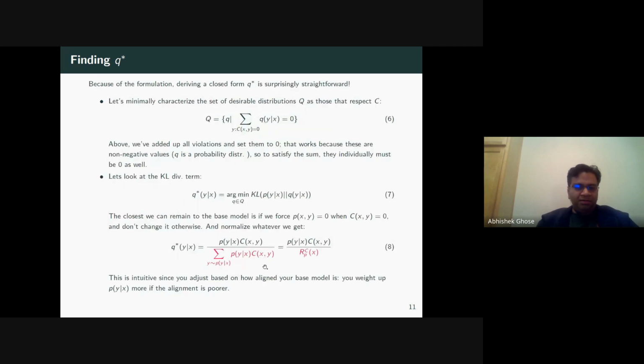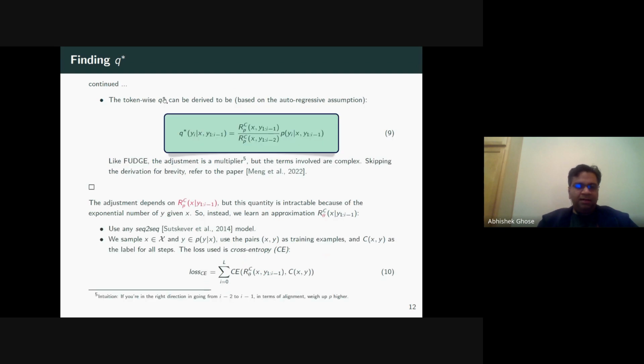And I won't be going into breaking up this Q star from sequence level to token level, but this is what that looks like. Again, you don't have to go very deep into this expression, but there are some interesting things to note, a couple of them, right? So the partial alignment quantity that we had calculated now shows up, right? The first thing to note is that this is a positive number, right?